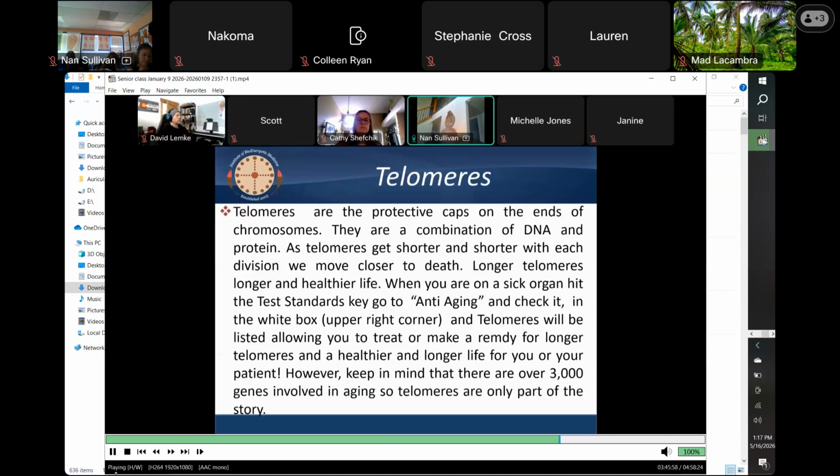When you are on a sick organ, hit the test standards key and go to anti-aging and check it. In the white box, upper right corner, telomeres will be listed, allowing you to treat or make a remedy for longer telomeres and a healthier and longer life for you or your patient. However, keep in mind that there are over 3,000 genes involved in aging, so telomeres are only part of the story.